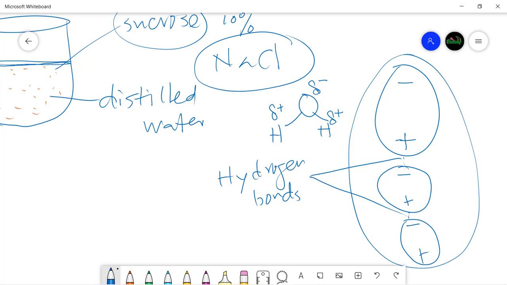And once they are bound and the number of free molecules decreases, the chemical potential of the water also decreases because it is also affected. Chemical potential or the free energy depends upon the free water molecules.